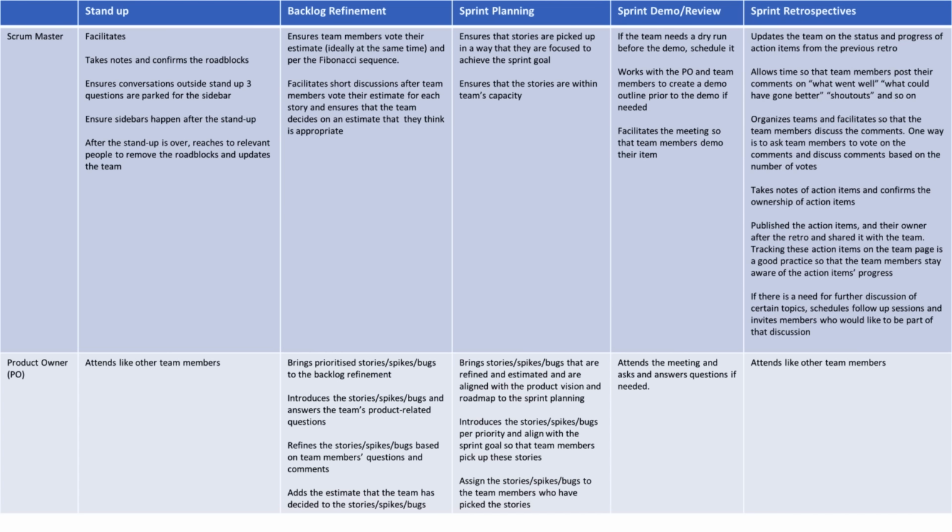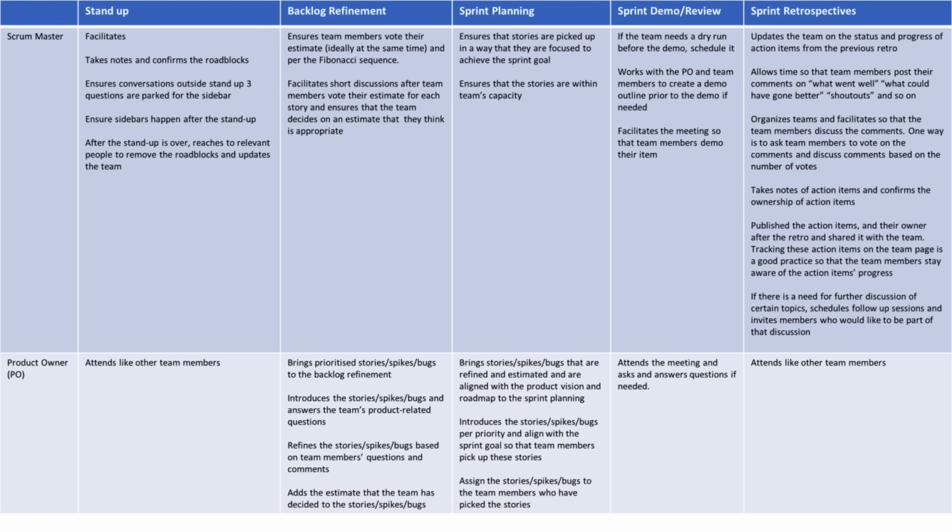Now, let's talk about the retrospective ceremonies. The Scrum Master's role in retrospectives is very significant. The Scrum Master updates the team on the status and progress of action items from the previous retro.